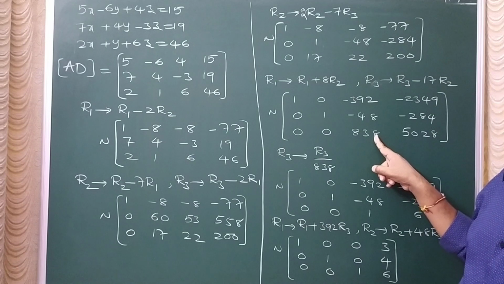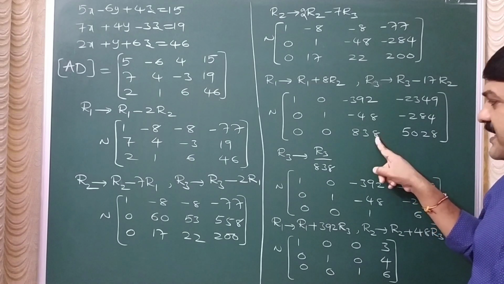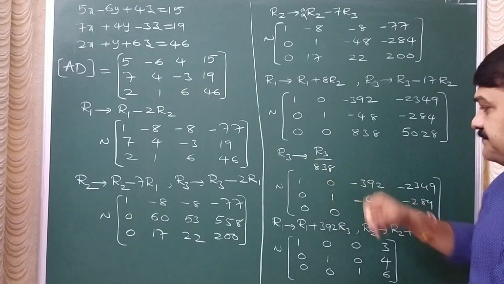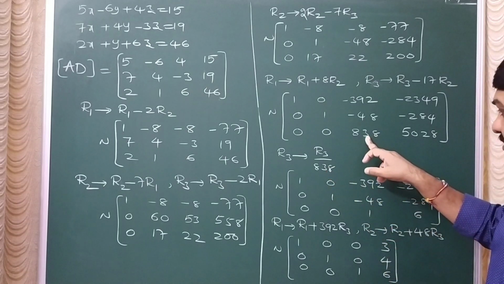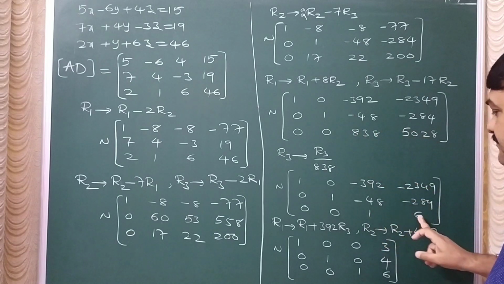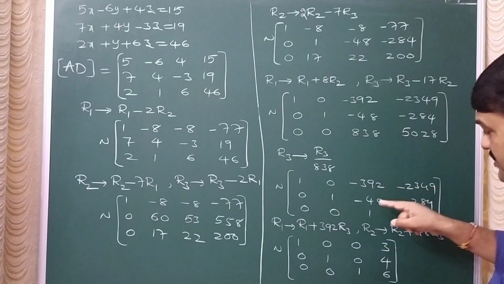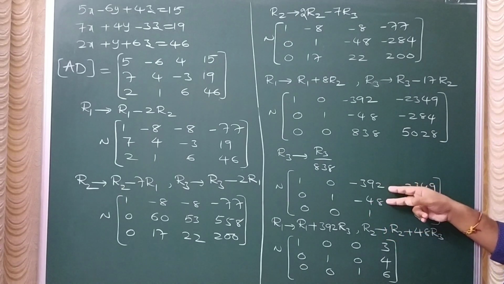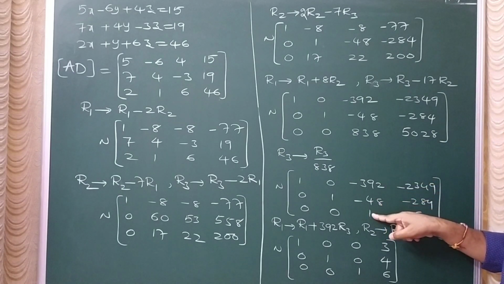Divide R3 by 838. So R3 divided by 838, you will get 1 here, and you will get 6 here.